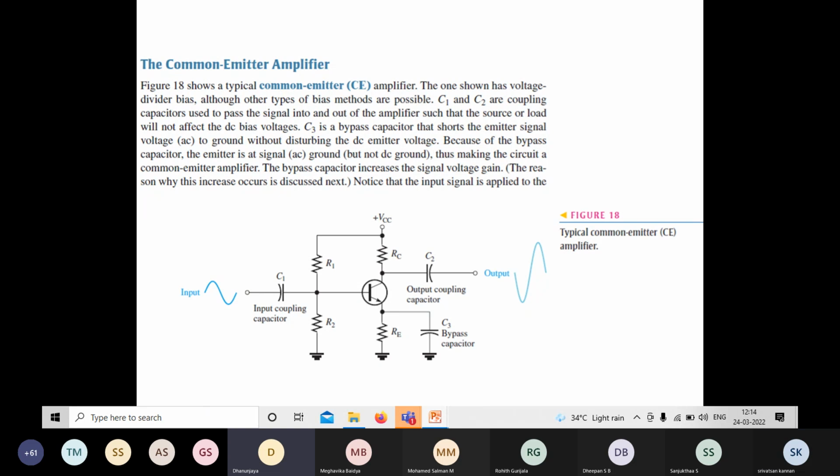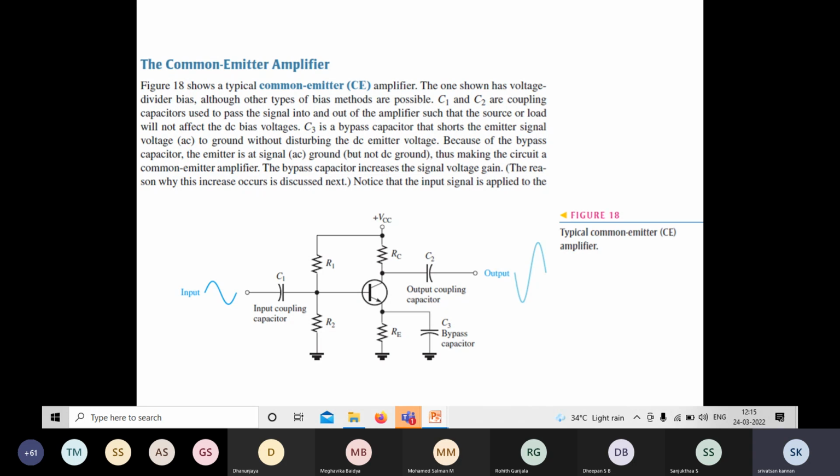Both, sir, first VLab, then LT Spice. Yes, VLab only for the basic understanding. Actually, we need to do this in LT Spice.